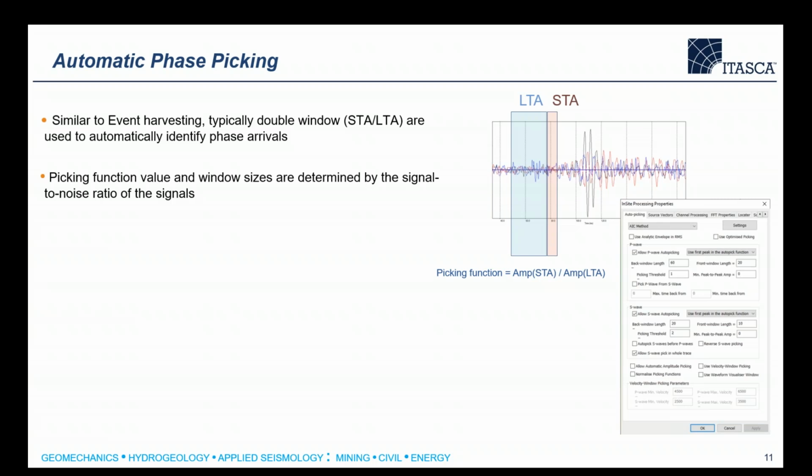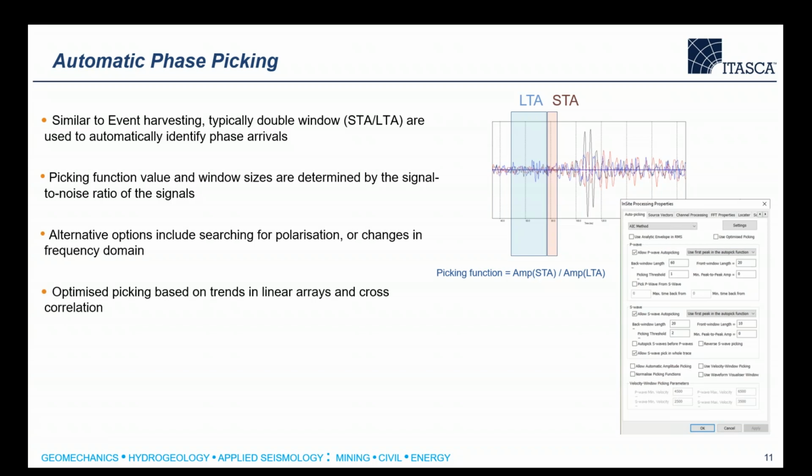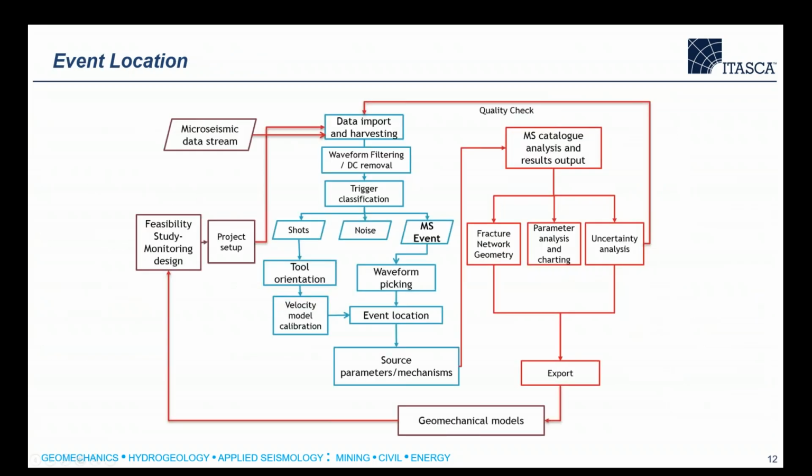It could be amplitude, but InSite has the flexibility to also take into account other variables such as changes in our frequency content, changes in polarization, etc. And this can be customized for P wave, for S wave, and can be customized for each single receiver. Each receiver might behave differently, might have a different response.